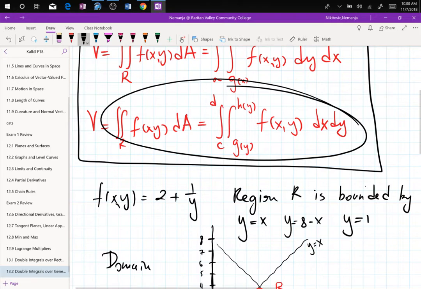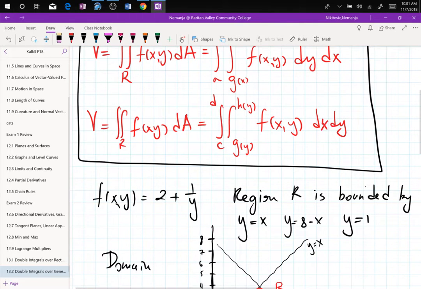Please use that common sense as you are setting these up. So c and d belong to y limits, and x1 and x2 are x as functions of y, because these are lines, right? They could be parabolas or cubics or whatever else, but right now they're linears. Great.